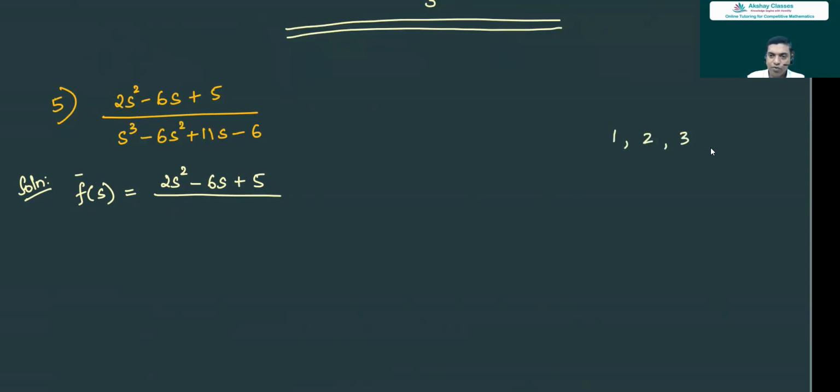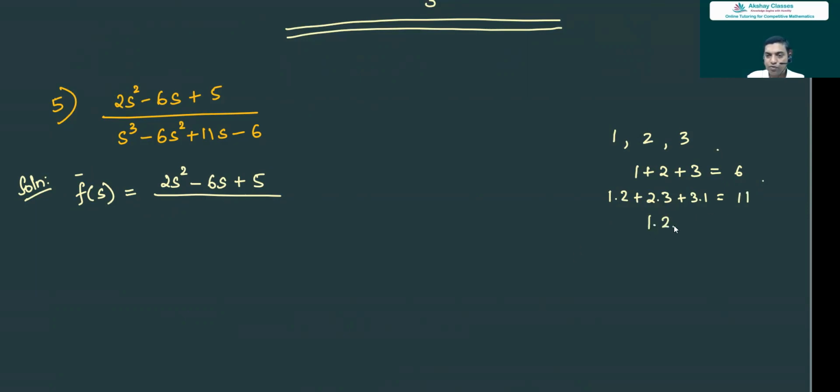If roots are 1, 2, and 3, sum of roots is 6. Sum of the product of the roots taken one at a time. So 1 into 2 plus 2 into 3 plus 3 into 1. What do you get? 2 plus 6 plus 3, 11.